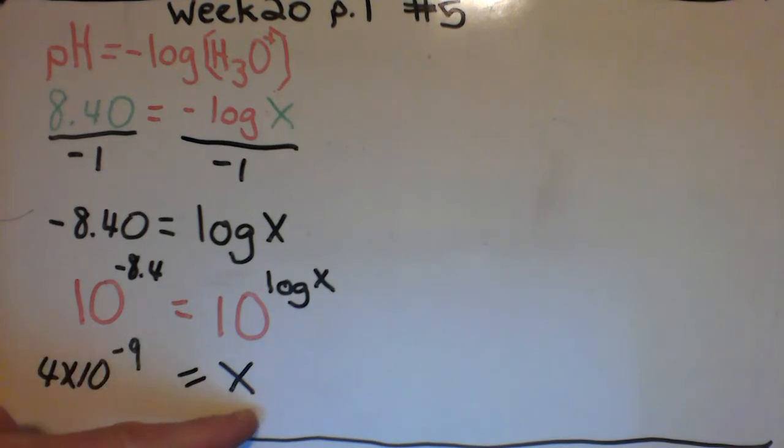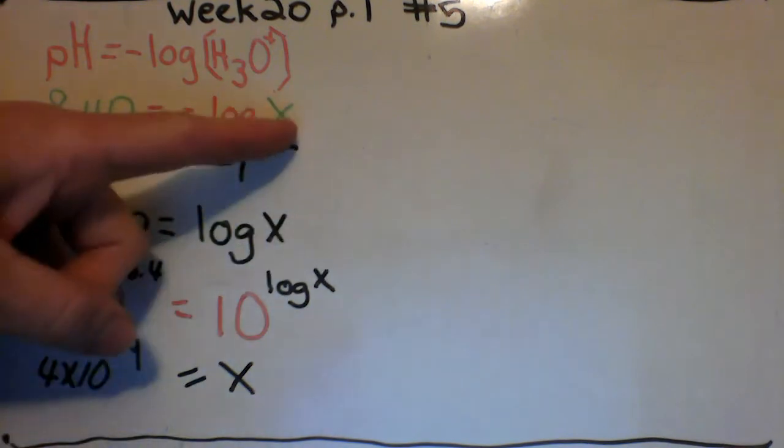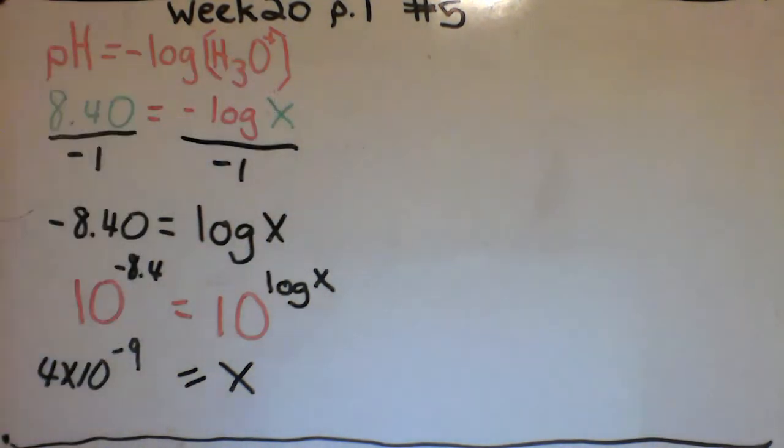Now, since x is equal to this, and we also know that x replaced the concentration of hydronium, we can say that the concentration of hydronium equals 4 times 10 to the negative 9th.